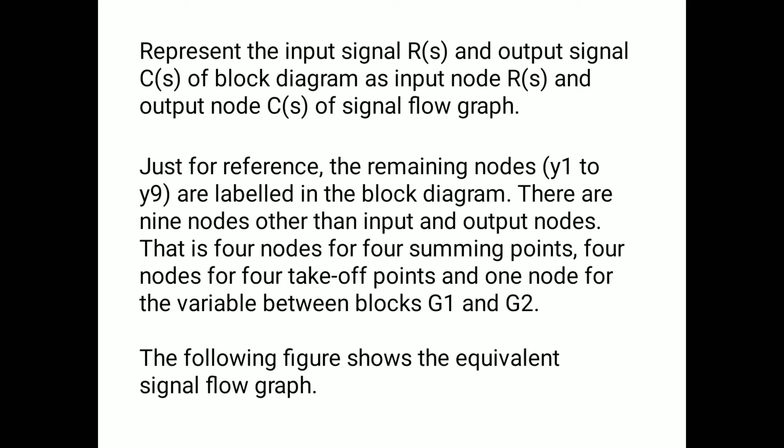There are 9 nodes other than input and output nodes. That is 4 nodes for 4 summing points, 4 nodes for 4 takeoff points, and 1 node for the variable between the blocks G1 and G2.